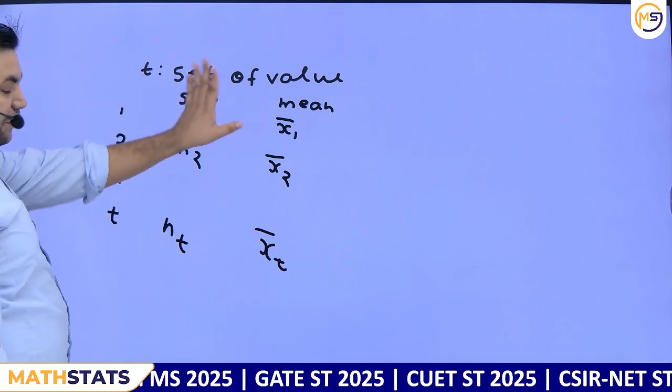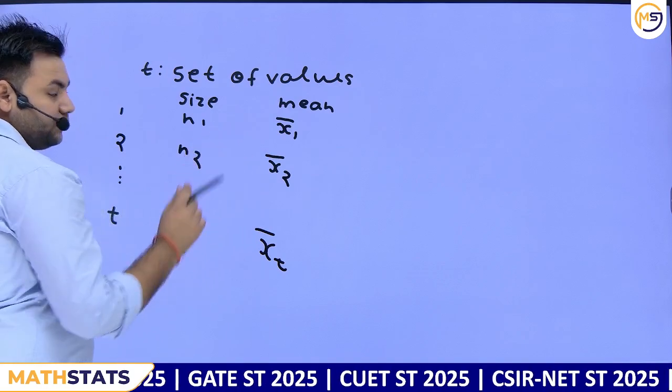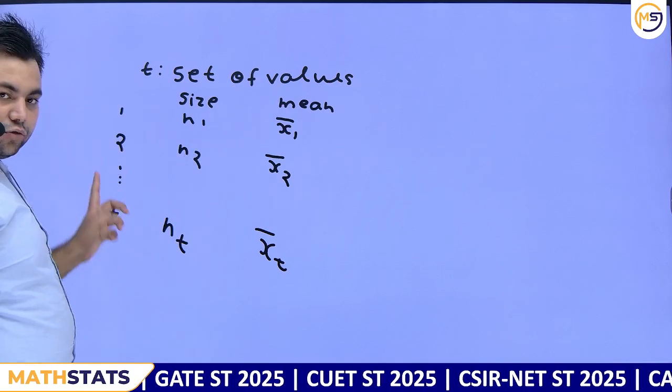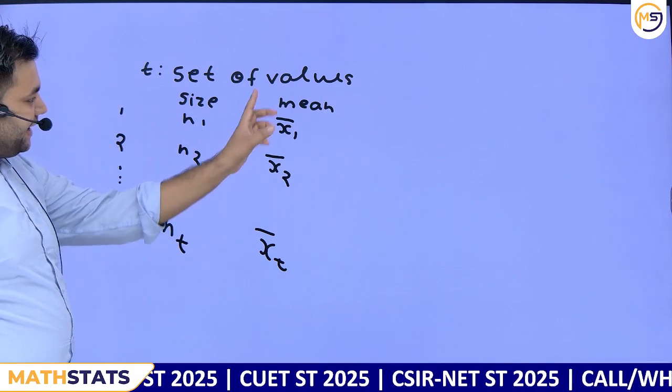Here the index runs from 1 to t, and this is the serial number. Size n1, n2, nt, and mean is this.